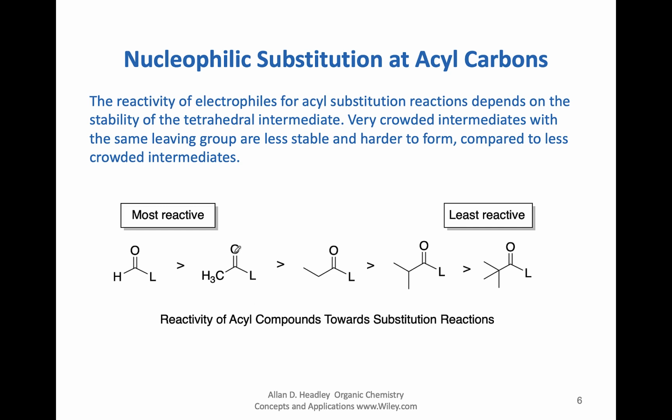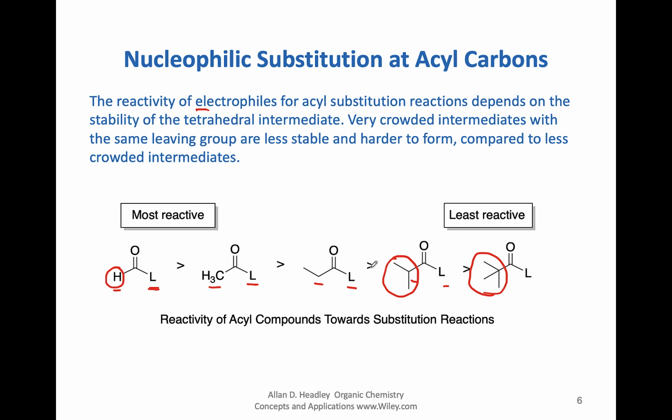another aspect here. And this is the reactivity of the electrophiles based on size. So we have the same leaving group here. Just imagine this to be chlorine or bromide. And we will change the groups that are bonded to the electrophilic carbon. So here is hydrogen, and here is your tert-butyl group, very crowded tert-butyl, isopropyl. Remember we said that the tetrahedral intermediate is sp3.